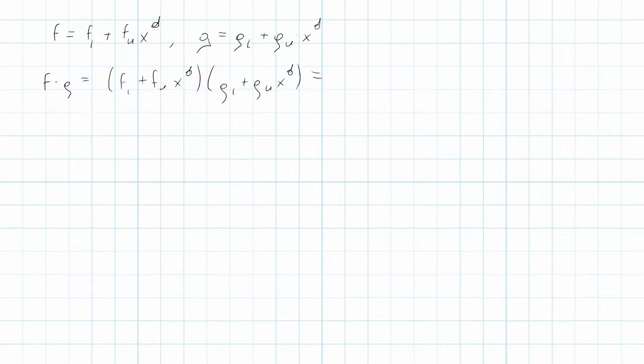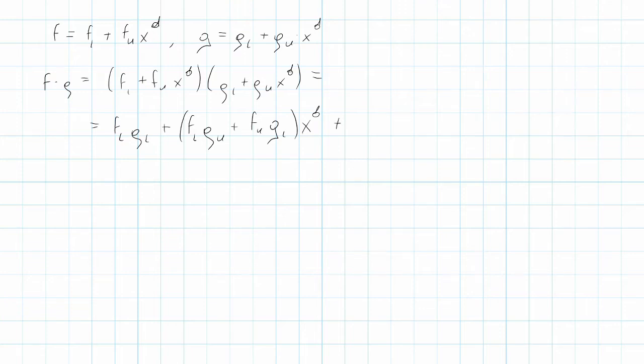Then I will arrive at the following formula. It's fl gl plus fl gu plus fu gl times x to the d power. Here of course fl, gl, fu, gu are polynomials, not just coefficients, polynomials of half the length of the original polynomials.